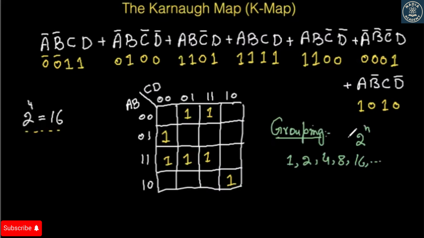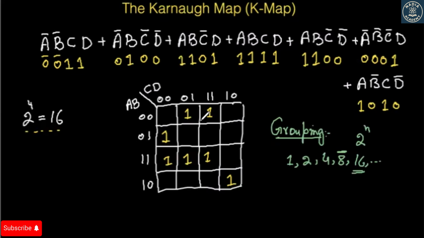So n 0 gives 1, n 1 gives 2, n 2 gives 4, n 3 gives 8, n 4 gives 16, and so on. So the biggest group will be 16 in case of a four variable map, as in this example. And in case of a three variable map, the biggest group will have 8 elements, and that will be only one.